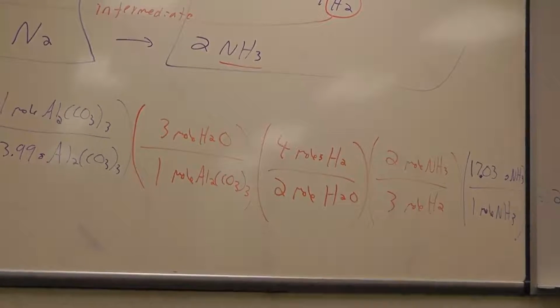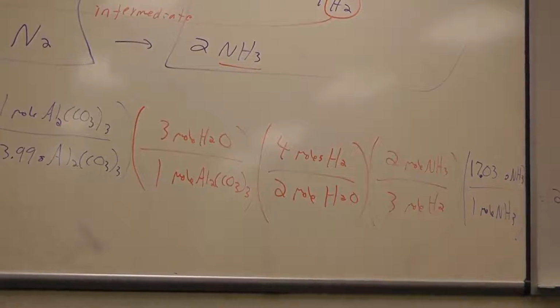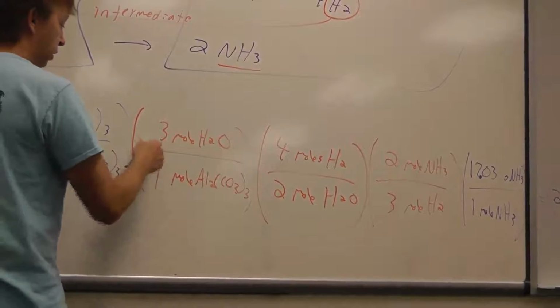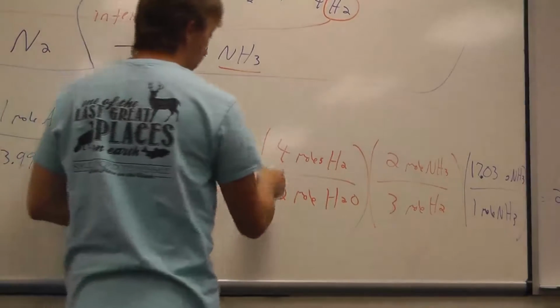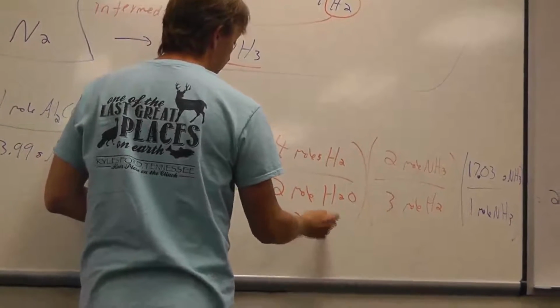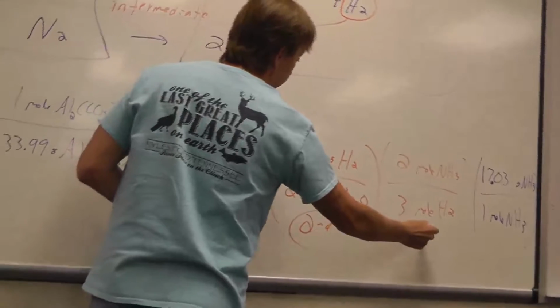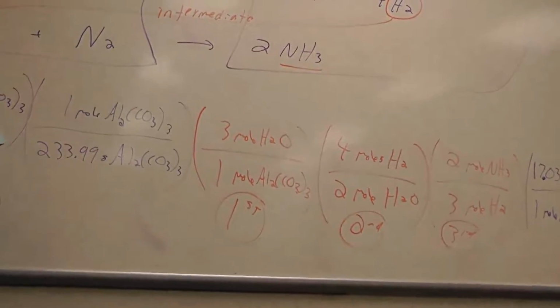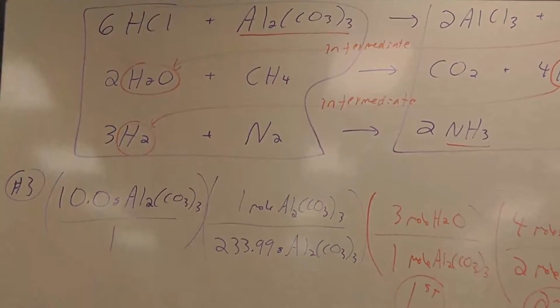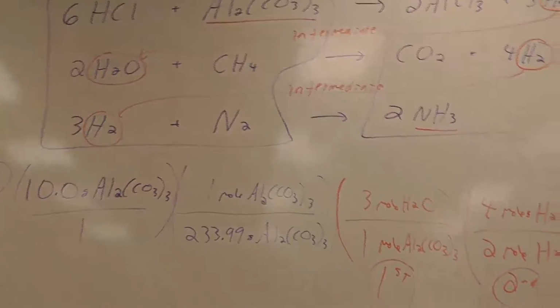But notice, we're not just picking coefficients here and there. This 1 and this 3, both of those came out of the first reaction. And this 2 and 4 were both out of the second reaction. These were out of the third reaction. You can never take a coefficient from one reaction and a coefficient from another reaction. It's completely out of context. That'll never work.